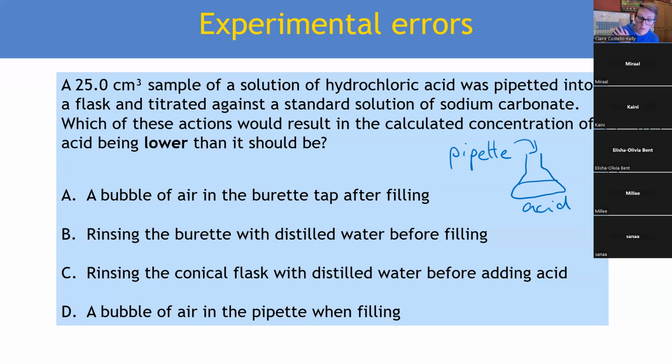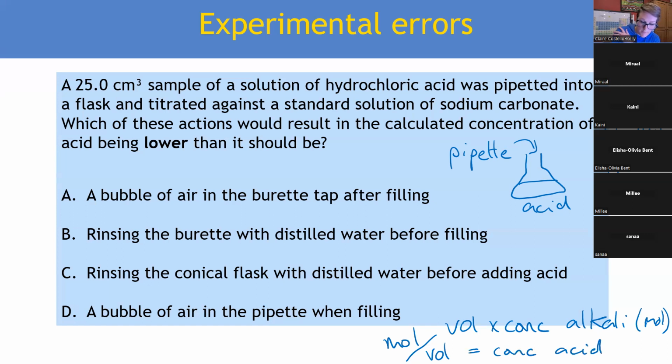And then how we work it out when we do the titration is we do volume times concentration of alkali. That gives me moles of alkali. And then I do moles of acid based on that. And I do moles over volume is the concentration of acid. So those are the sort of two calculations I do.